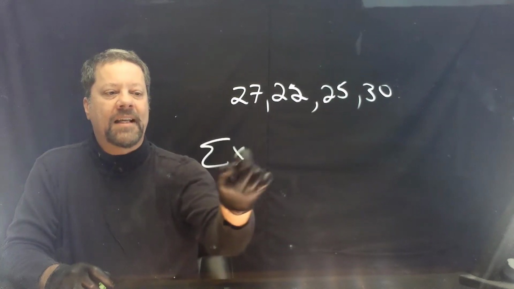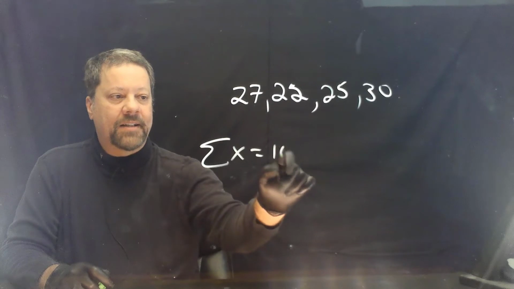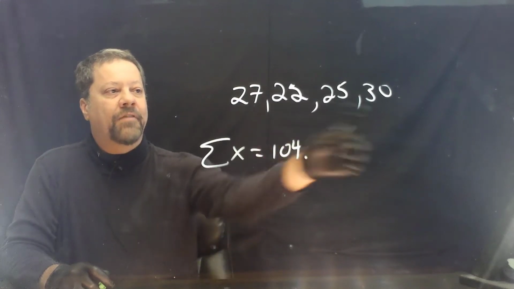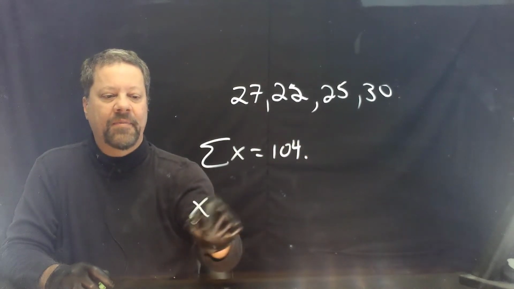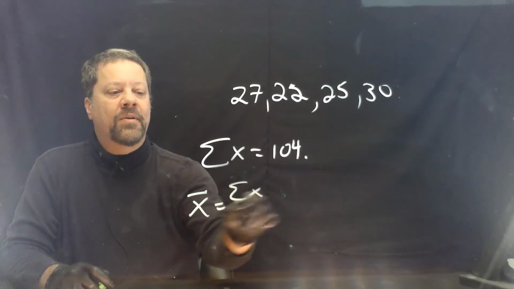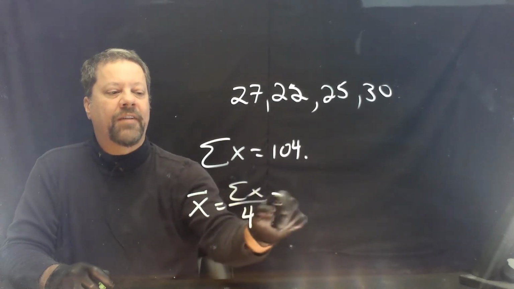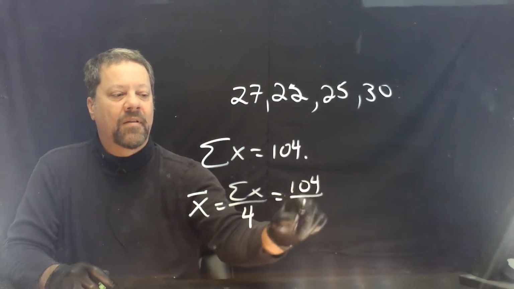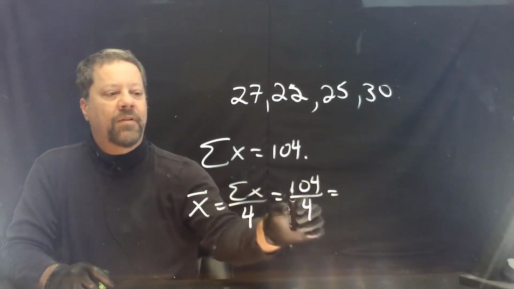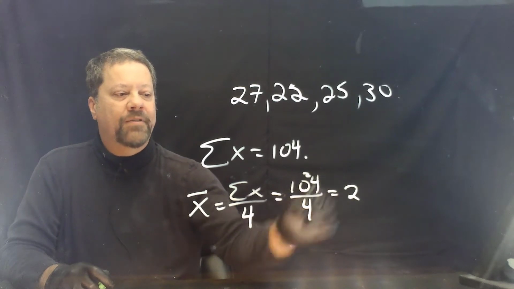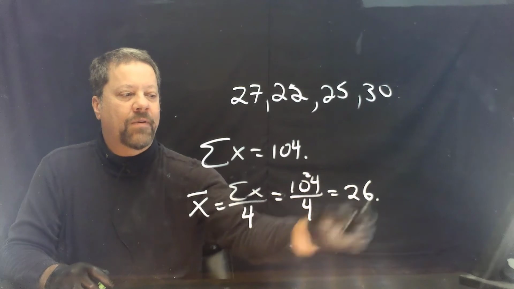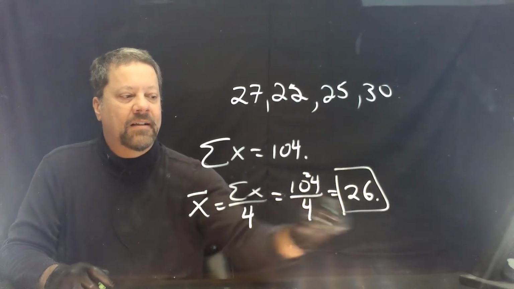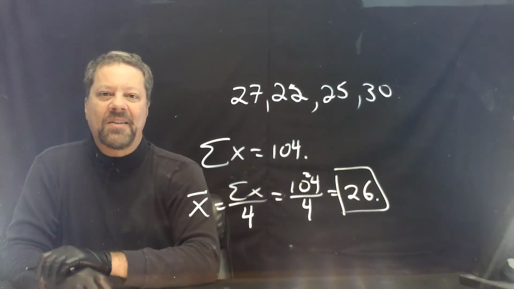So the sum of this data set is 104, and there are 4 elements. So I'll divide by 4. 4 goes into 10 twice with a remainder of 2. 4 goes into 24 6 times. The mean is 26.